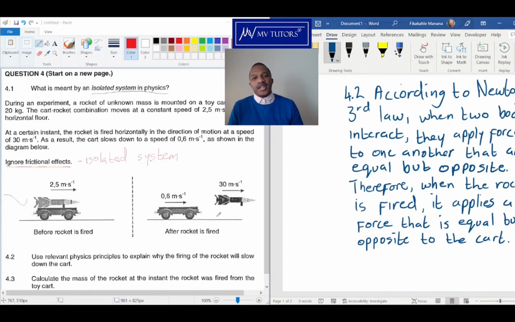So this means that as it moves initially with this 30 meters per second, it applies an equal but opposite force to the cart, and thus slows it down.